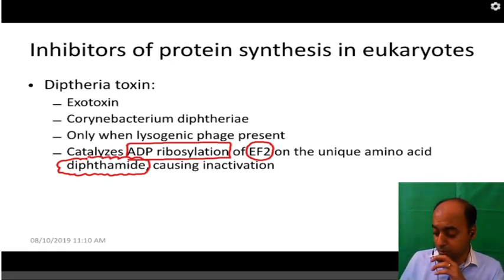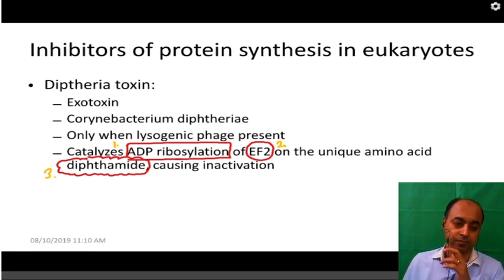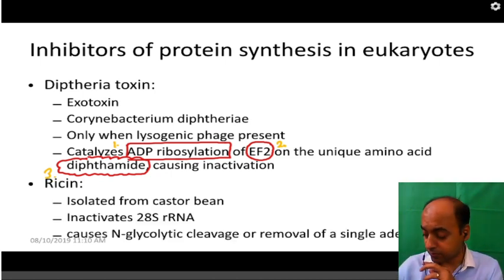So 3 points to remember: the change is ADP ribosylation, done on elongation factor 2, targeted on the amino acid diphthamide. Alright, so this is about the diphtheria toxin.